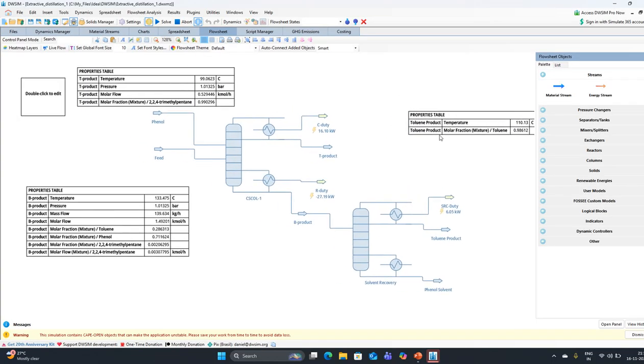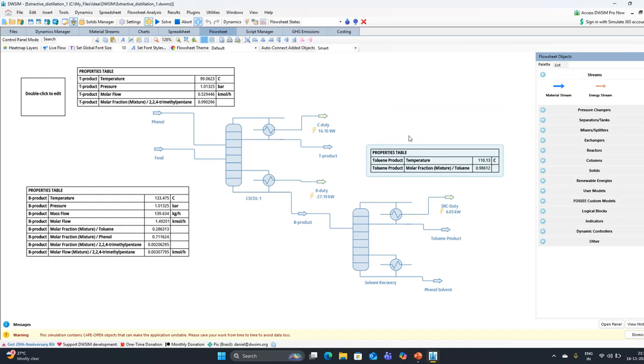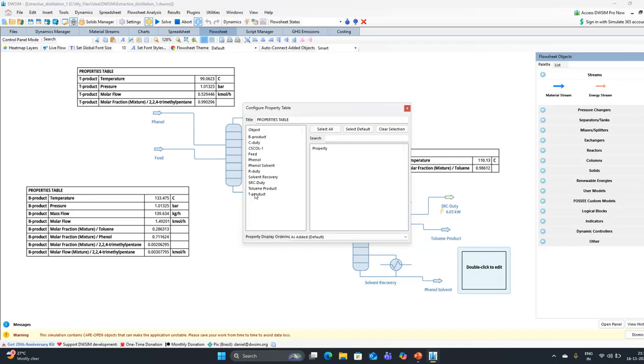You will see the molar fraction of the toluene is 0.98612. Now similarly I will do it for the phenol solvent: temperature and the molar fraction of phenol for the overall mixture.